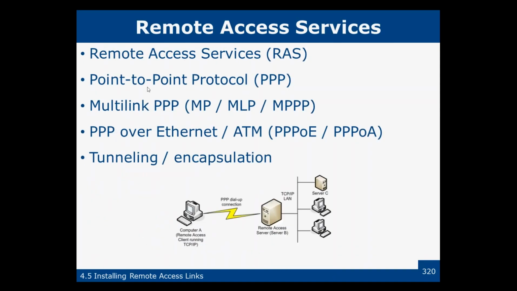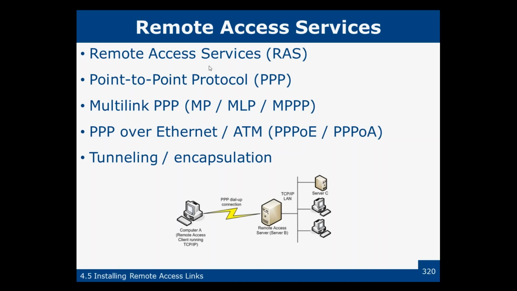So for remote access, we have remote access services. We're going to probably have a server at the other end that allows us to connect to it. You can control who gets on to the system remotely by controlling who gets dial-up access.